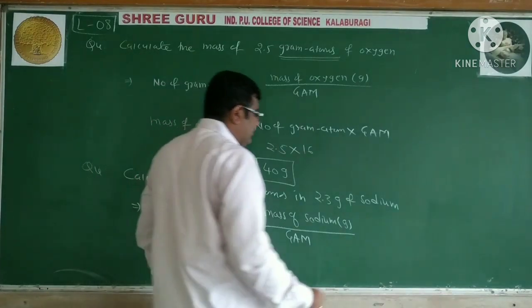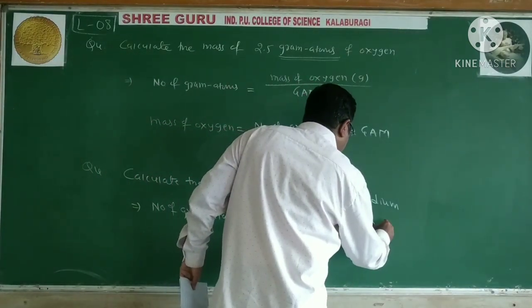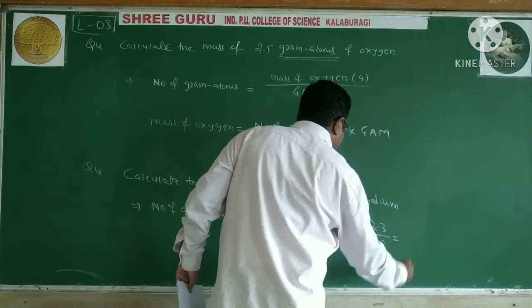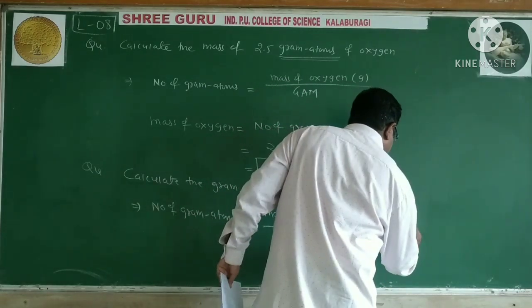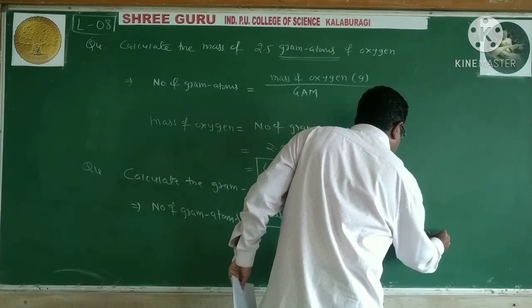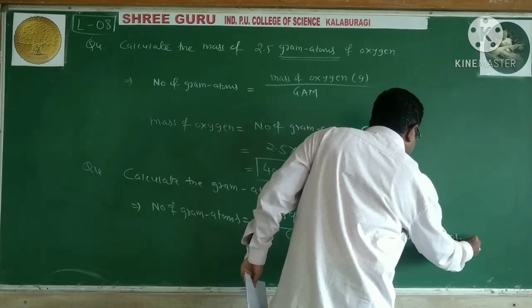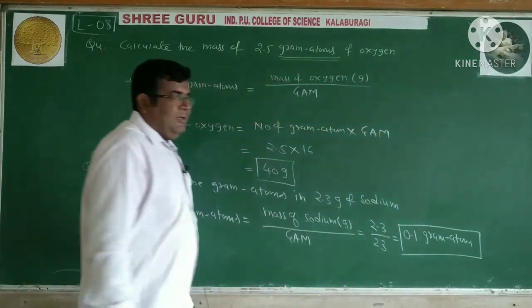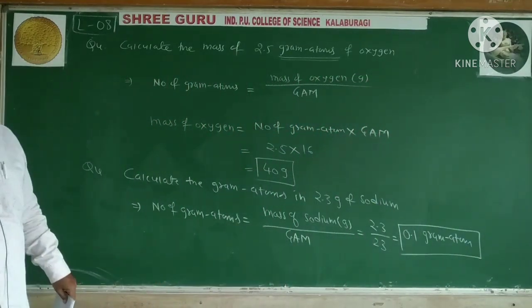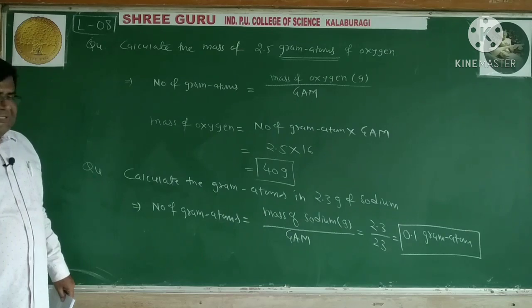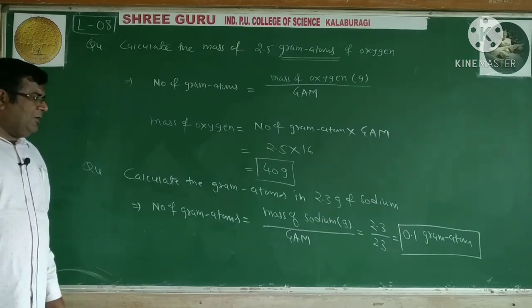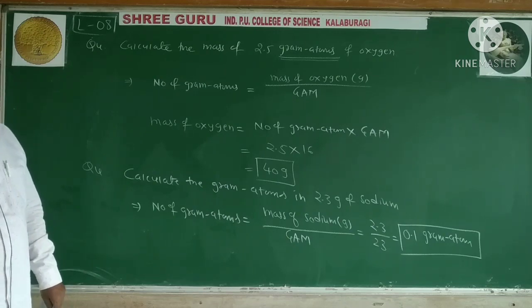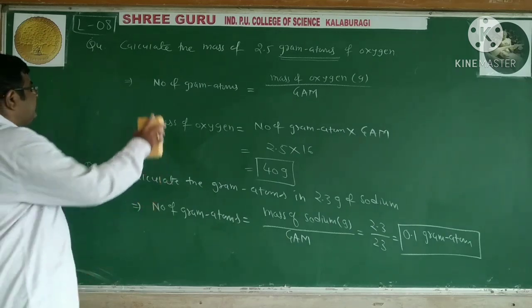Mass of sodium in gram is given 2.3 and gram atomic mass is 23, and that's why it is 0.1 gram atom. This should be our answer here. Very simple, only one formula we are using. Number of gram atoms is equal to mass of an element divided by gram atomic mass.